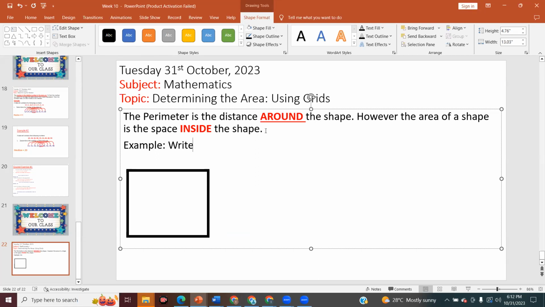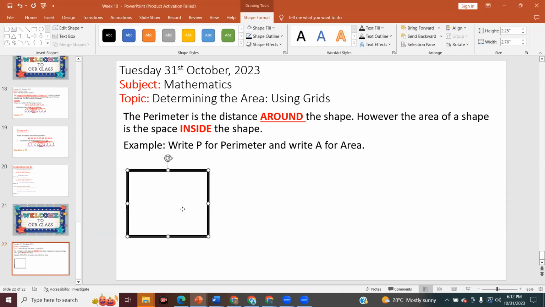Write P for perimeter and write A for area. Remember, the perimeter deals with the distance around the shape, and the area deals with the space inside the shape. Let's do an example right there.